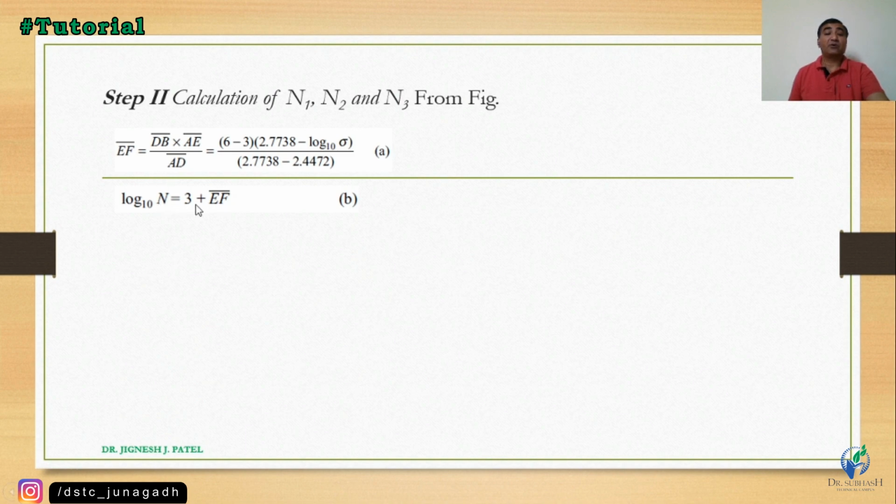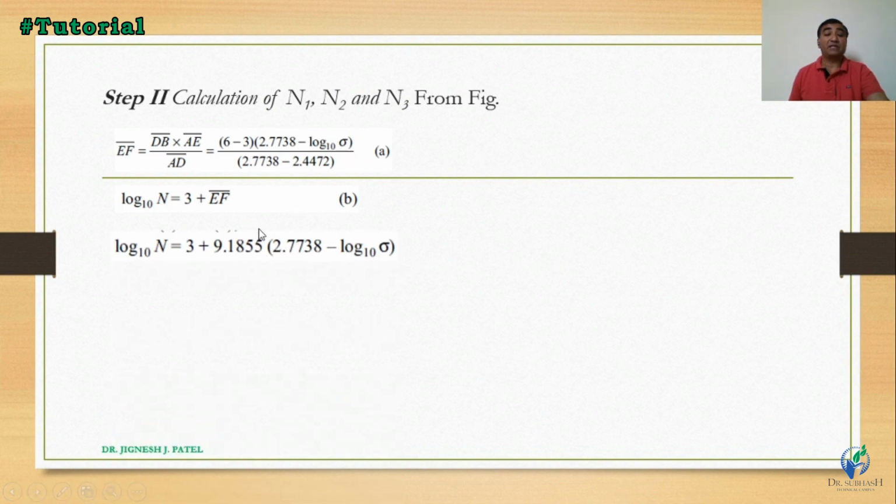Putting the value of EF and simplifying, we get log N is equal to 3 plus 9.1855 into bracket 2.7738 minus log sigma. Using this equation we have to find the value of n1 by putting the value of sigma 1, n2 by putting sigma 2, and n3 by putting sigma 3.